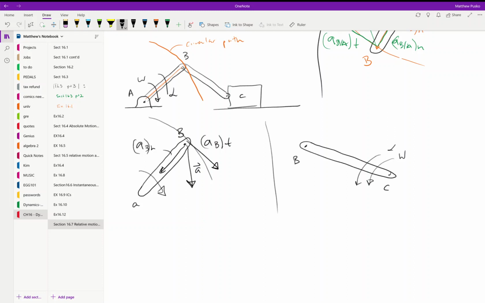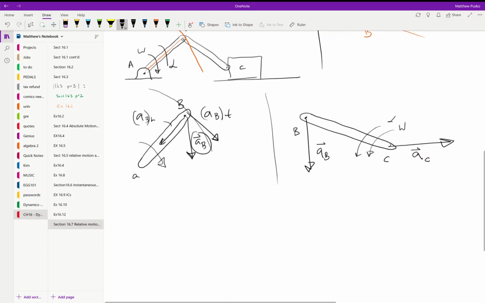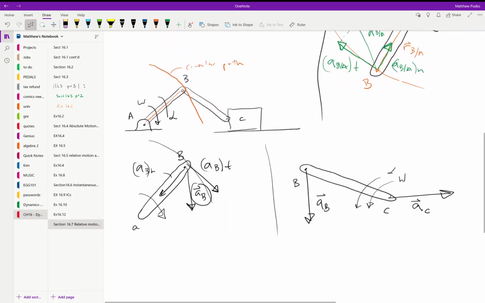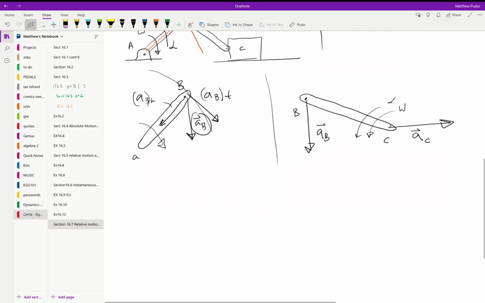We know in this case that the acceleration at C has to be going in this direction. It's not lifting off the surface. And we now have a vector over here for the acceleration of B. Alright, then we can describe the motion. Given certain pieces of information, we can extract the rest.